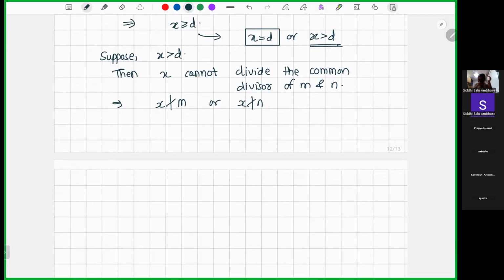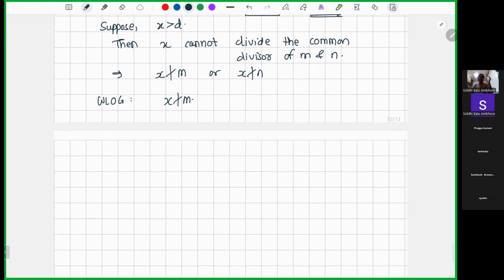Okay, so without loss of generality, suppose x does not divide m. So what does that mean? So these imply we can write this, right? m = qx + r where 0 < r < x.